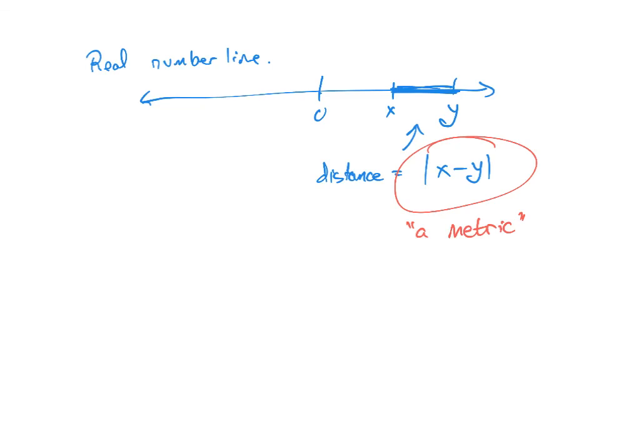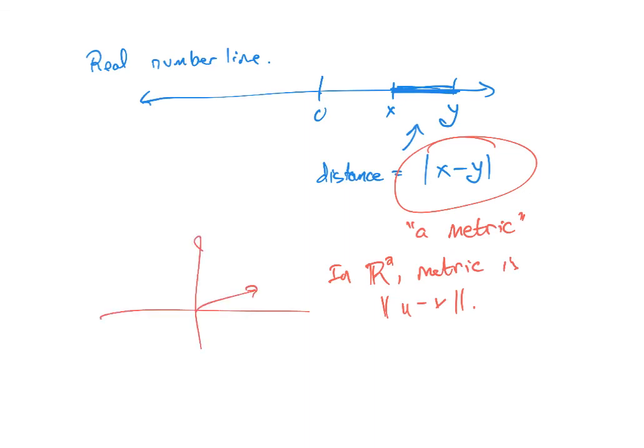In R2, your metric is the norm of the difference of the vectors. And that tells you how far two vectors are apart from each other. So that's one vector, that's another vector, that's their difference.